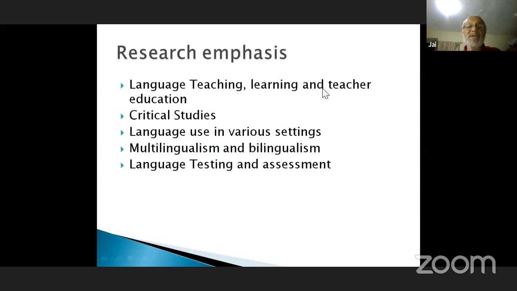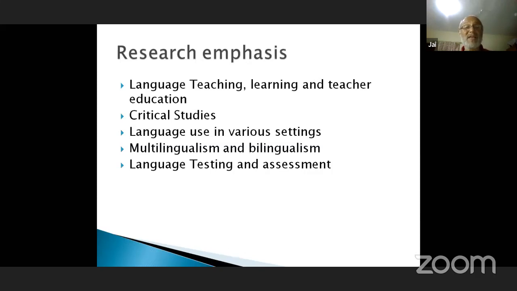And then teacher education is booming. I will show you the emphasis on the research across the border in teacher education, how important it has been recently. And then critical studies took a lead recently, because once we took everything for granted, whatever was given to us, but now learners have the right to question, and teachers have the right to question.